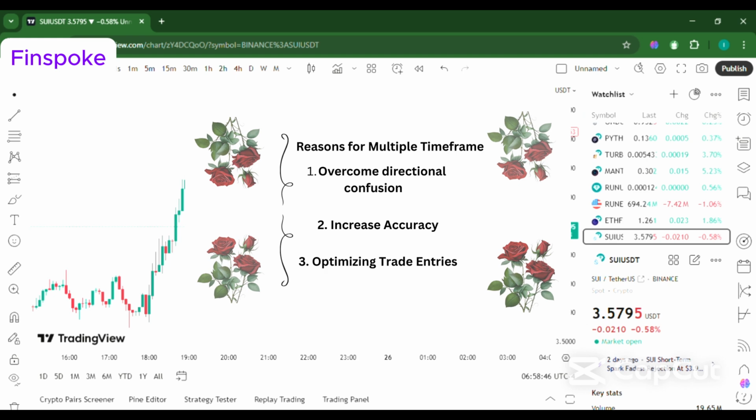Now, reason number 2 is increasing accuracy. You need to incorporate these multiple time frames in order to increase your accuracy. See this: a minor reaction in the higher time frame key level can appear as a significant move or structure on the lower time frame.